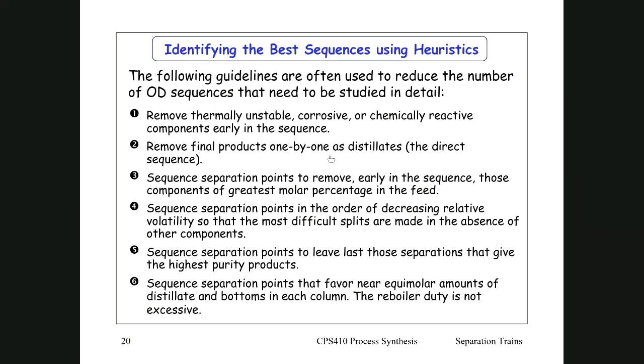And as soon as you've removed it, then all of the columns could be operated as atmospheric columns in that particular example. So removing one by one as distillates matters because some of the products are too volatile to remove at atmospheric pressure using cooling water. So it's also a fairly strong heuristic. Numbers 3 and 4 are probably stronger than number 2.